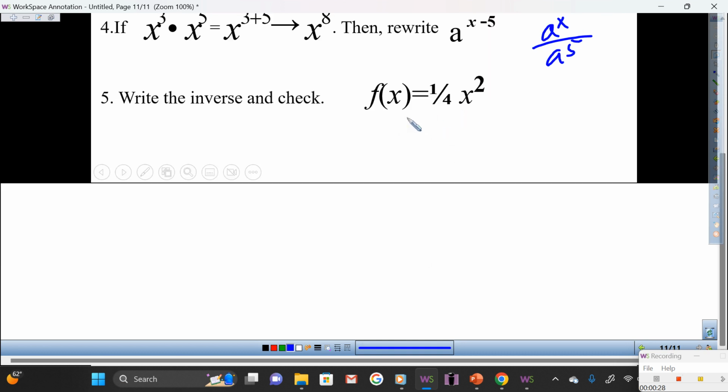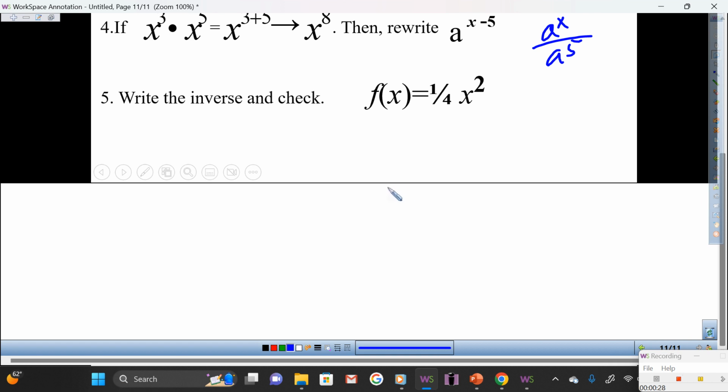Tell your neighbor what's the first step in getting the inverse. Looks like Alyssa's got it. Very good. Jessica's got it. Very good. Delilah's got it. Noel. Caleb's got this. Let's go.